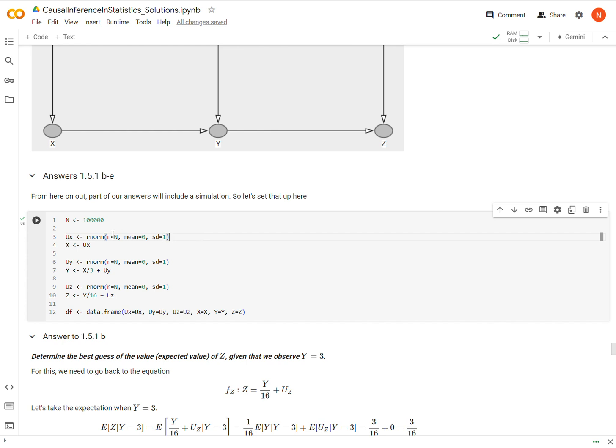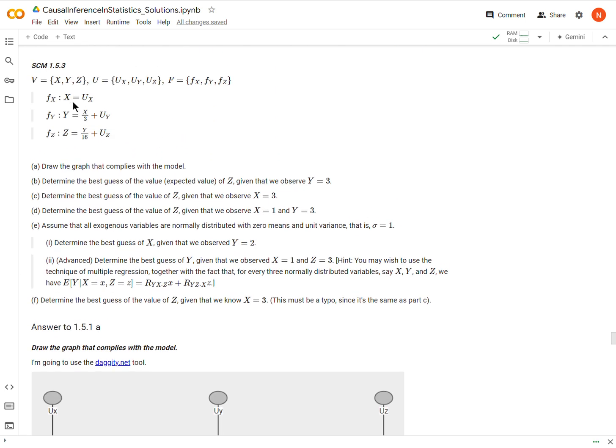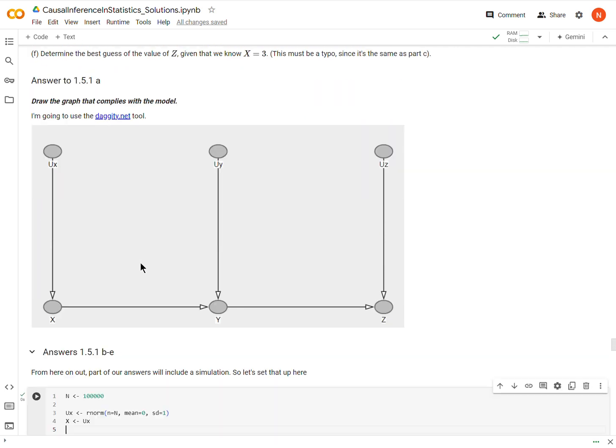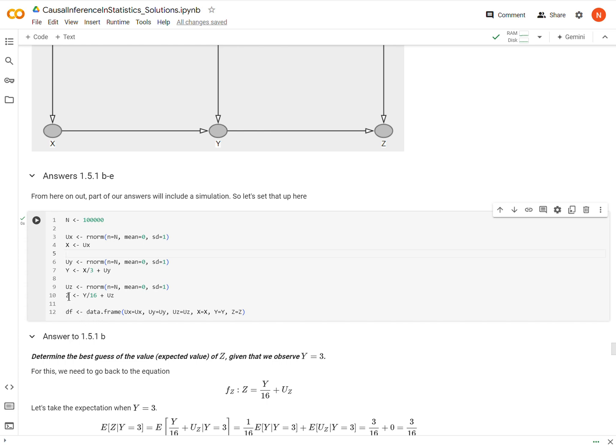Because later in the problem we're told to assume that the u's are normal distributions, I'm just plugging that in from the beginning. So the u_x's are all standard normal variables, mean 0, standard deviation 1. Then of course x is just u_x, its own function up here. And similarly for y and z, I'll just use those functions in creating them here. Okay, so there's our data set.